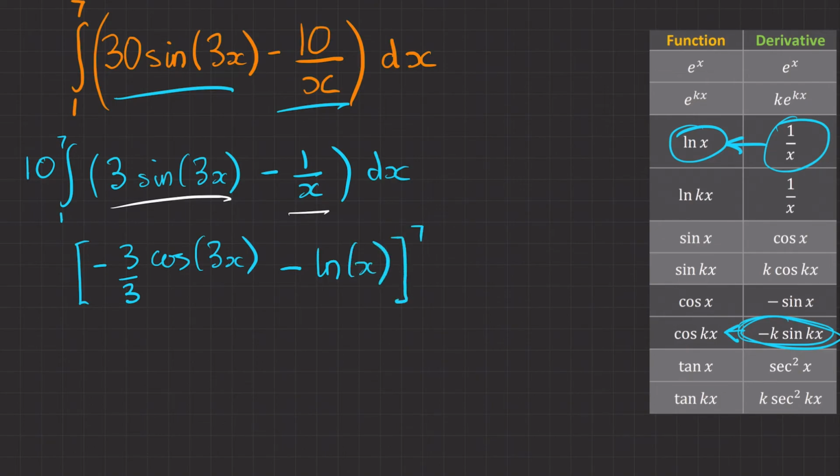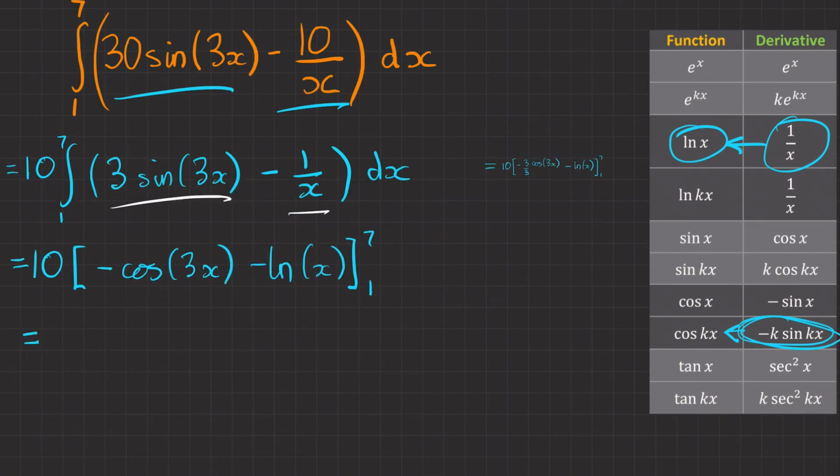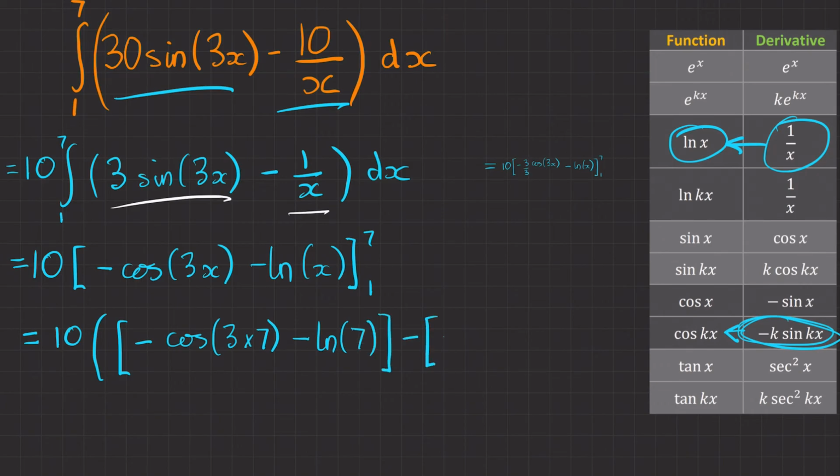Then bounded by the points 7 and 1. And this is all multiplied by 10. We'll tidy this up just a little bit. And then that equals 10 lots of minus cos 3 times 7 minus ln 7, minus, cos 3 times 1 minus ln 1.